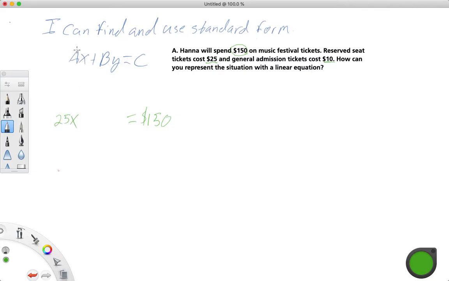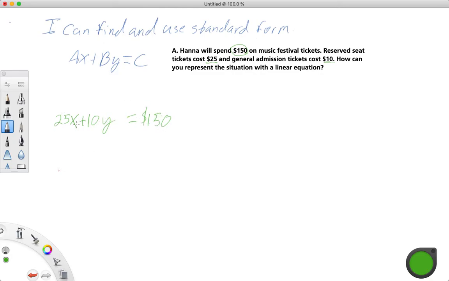However many of these, the cost is the A, so that's the 25. So $25 per reserved seat plus $10 per general admission seat, and that's going to equal $150.